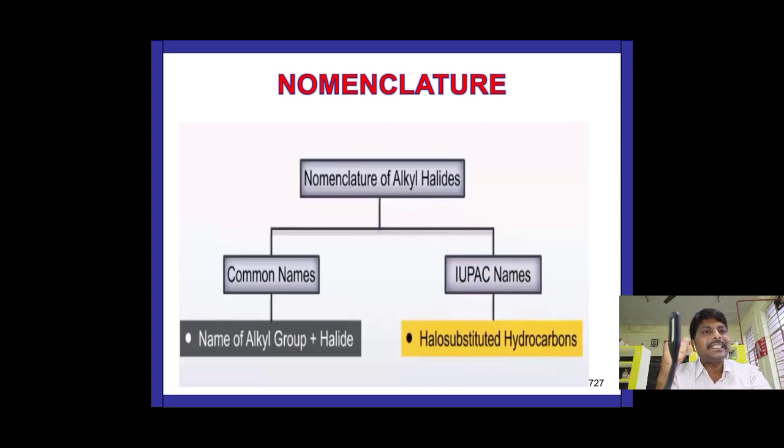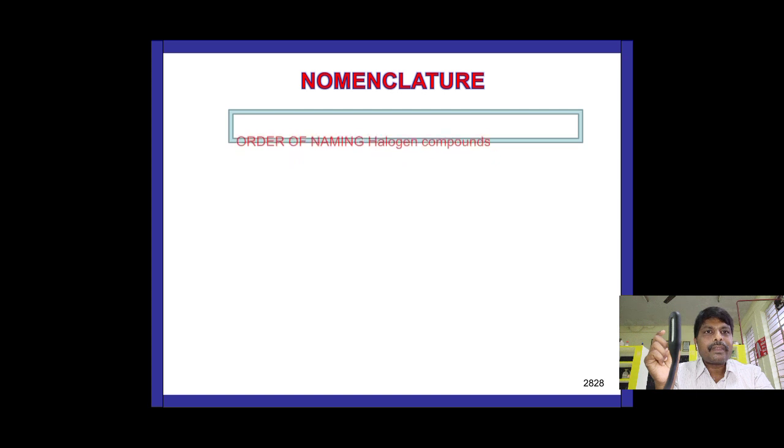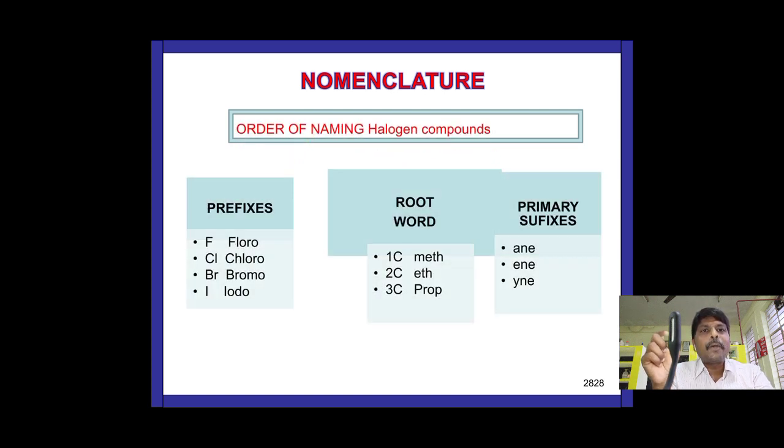So the IUPAC name is halo-substituted hydrocarbon. Now the order of naming in detail. For the prefix, if fluorine is there, fluoro. If Cl is there, chloro. If Br is there, bromo. If I is there, iodo. If two Cls are there, dichloro. If three Cls are there, trichloro. That is about the prefix.